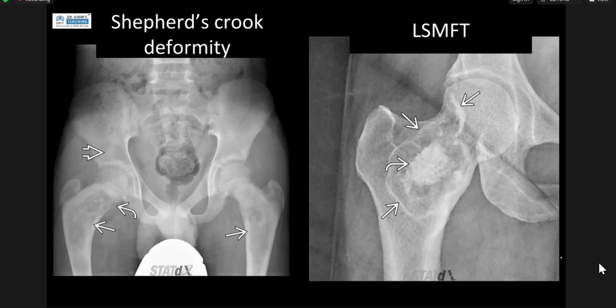The lesion on the right used to be called a liposclerosing myxofibrous tumor. It's now thought to be on the spectrum of fibrous dysplasia. Those lesions tend to occur in the intertrochanteric or femoral neck region, and you can see that densely sclerotic focus centrally. They tend to be a little bit more well-defined with a sclerotic margin. You can see the differences with the two images side by side there.